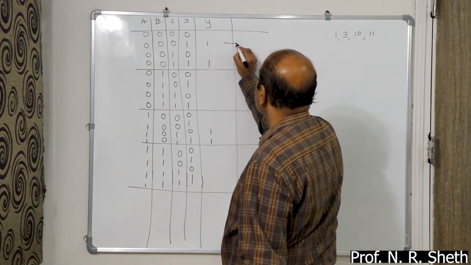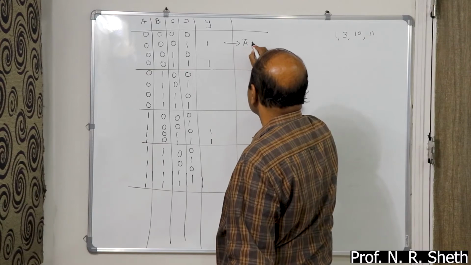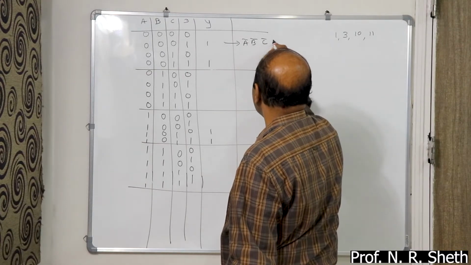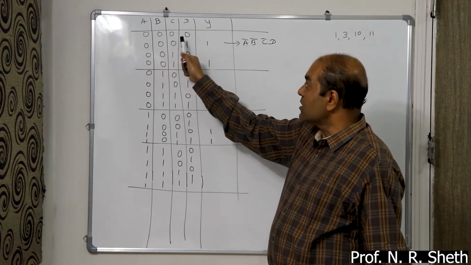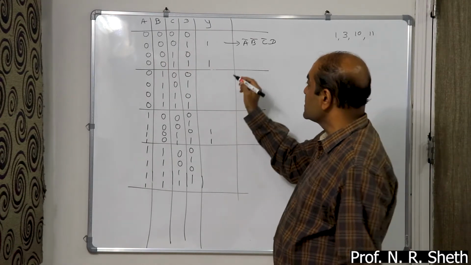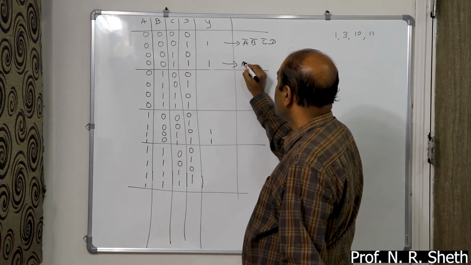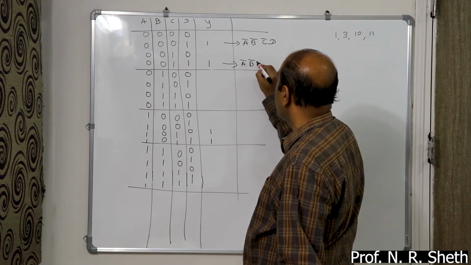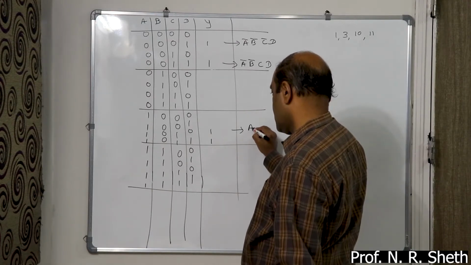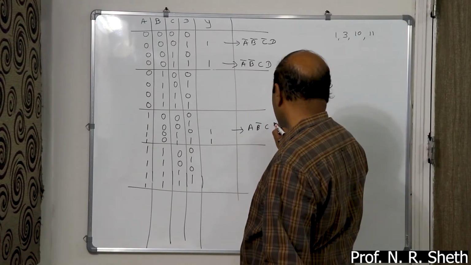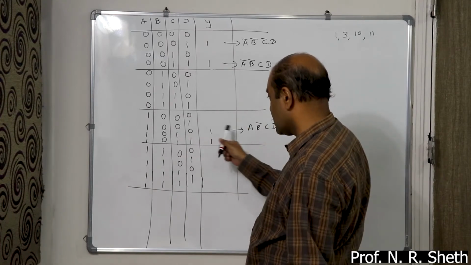So they are A bar, B bar, C bar, D. Next, A bar, B bar, C, D. This one, A, B bar, C, D bar.